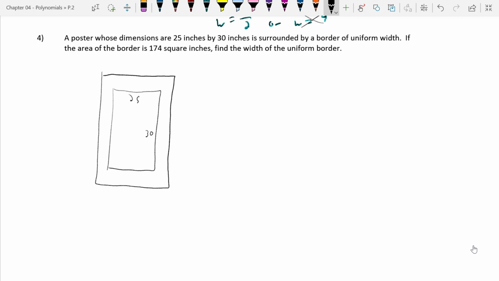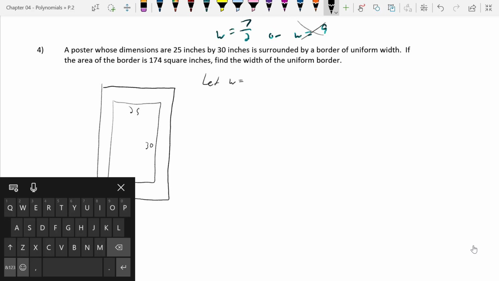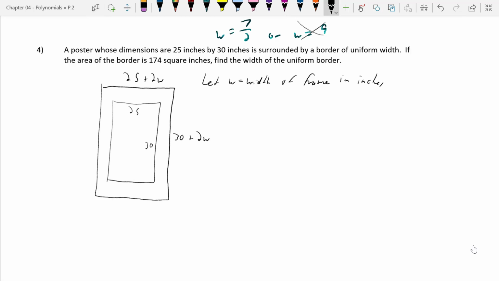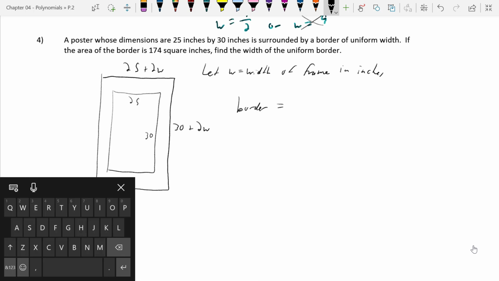And without even doing anything, I'm going to say let w equal the width of the frame in inches. And I know that this is going to be 25 plus 2w, and this is going to be 30 plus 2w. Then it says the area of the border is 172 square inches. Well, border area is equal to the whole area minus the picture.